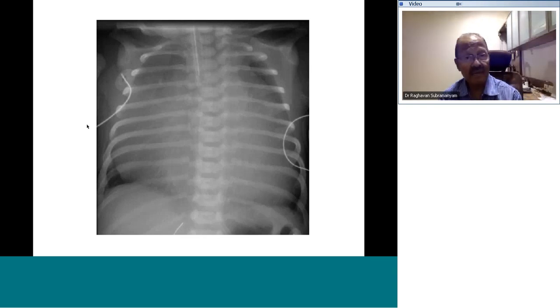The other differential diagnosis can be massive RA enlargement due to pulmonary atresia with intact ventricular septum. That also causes torrential TR and giant RA enlargement. When you see a neonate with this chest X-ray, you can see that it's a very sick patient because you can see an endotracheal tube here, and chest leads on the chest.